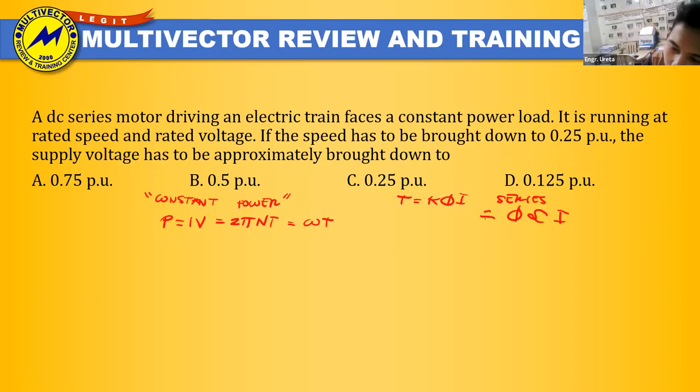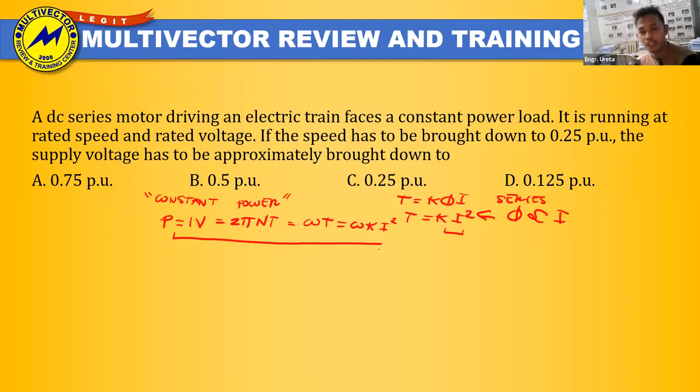Therefore, pwede ko sabihin that our torque T is just equals to K I squared. Ngayon, papalitan lang natin yung T nitong value na to, panibagong power formula, omega multiplied by a certain constant K I squared. Ito yung power formula na gagamitin natin.